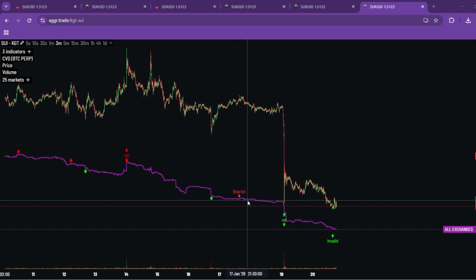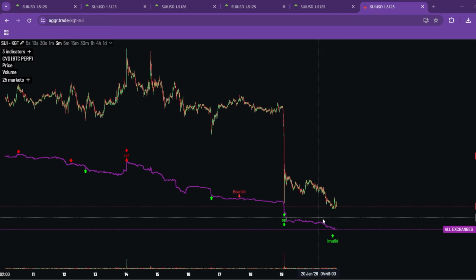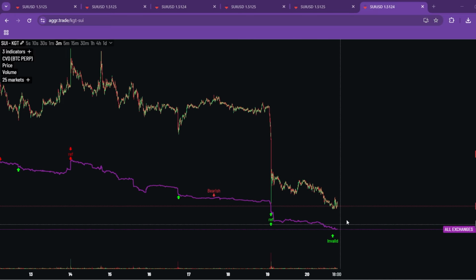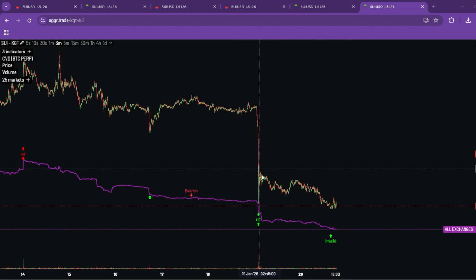So whoever buys on Kraken is going to affect the price also on Binance and on Bybit. So you cannot really say, okay, I'm just gonna rely on one exchange, and that's why KGT collects most of the exchanges per second, and it gives us the universal price for almost all the exchanges that offer the coin itself.